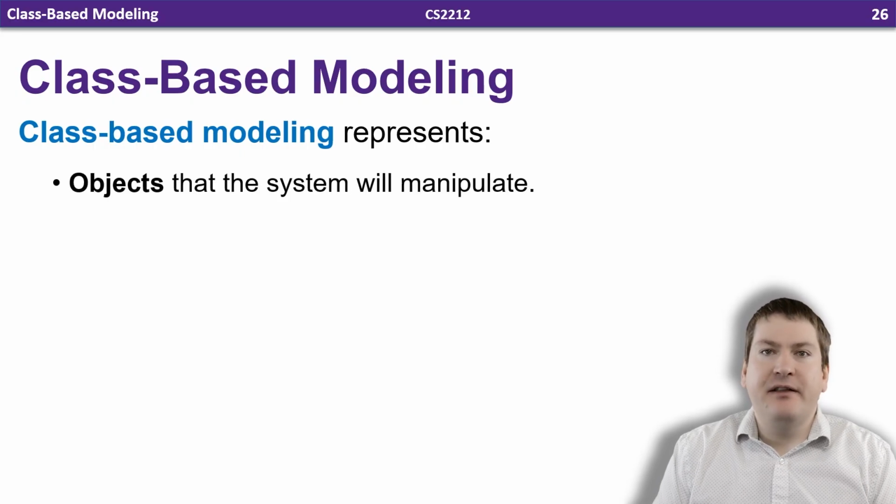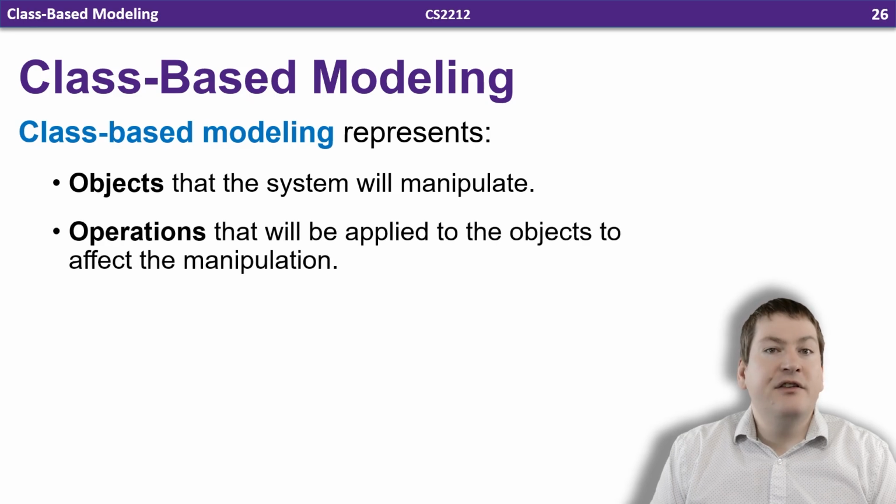Getting back to class-based modeling, the first thing it represents are the objects the system will manipulate or transform, and their corresponding classes. This is also a description of the attributes these objects will provide values for. Next are the operations that will be applied to objects to perform this manipulation. These may eventually become our class's methods.